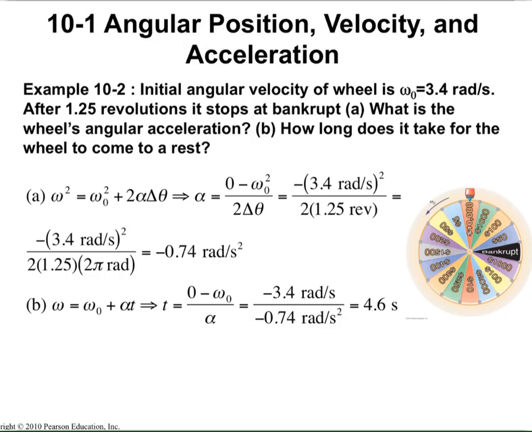Since we know the initial and final velocities, and just like we had a similar equation in kinematics, remember v final square minus v initial square plus 2a times delta x.